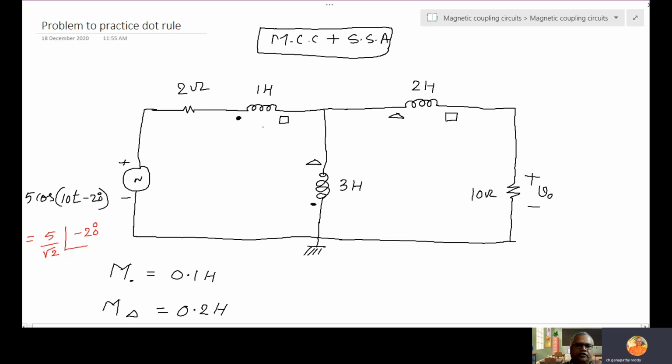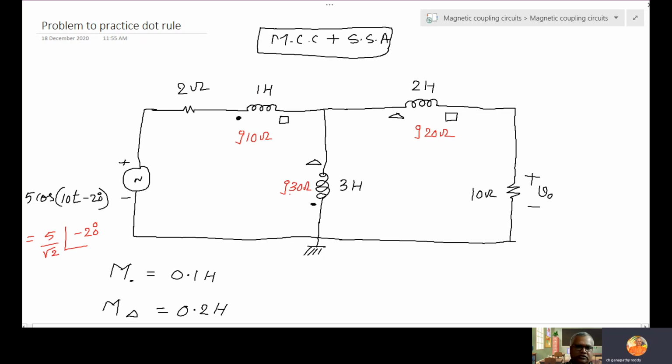Then inductors are replaced with inductive reactance, j omega L. j omega is 10, L value is 1, so you get j10 ohms. This is 2, so j20 ohms. This one is 3, j30 ohms.